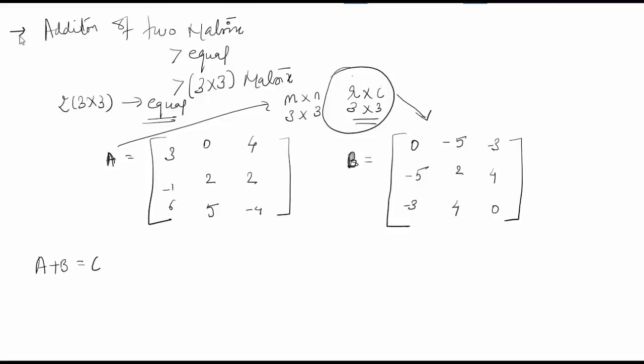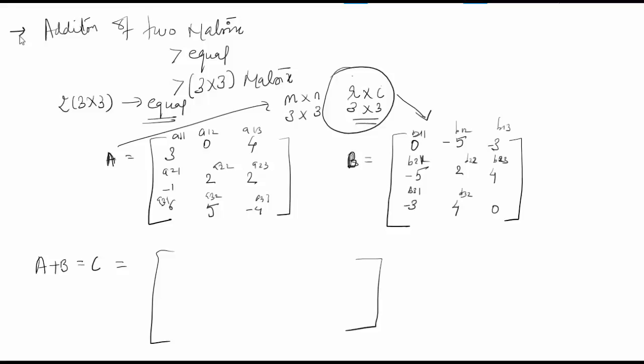which you can call a C matrix, will be equal to the addition of each of the terms. So this is A11, A12, A13, and this is A21, A22, A23, this is A31, A32, and A33, while this is B11, B12, B13, this is B21, B22, B23, while this is B31, B32, and B33.